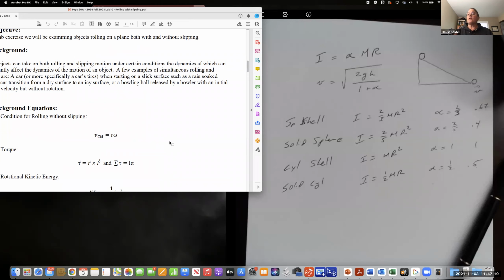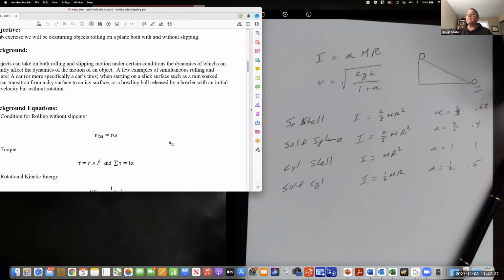Okay, if your tires are spinning, like let's say you start on a wet surface or an icy surface and you hit your gas pedal, your tires slip. They're slipping. So now V doesn't equal omega R. They have a bunch of omega and you have no forward velocity. Similarly, I can have forward velocity of an object without spinning.